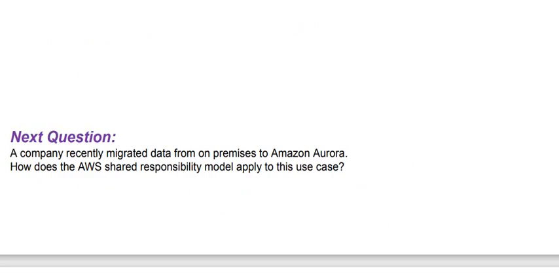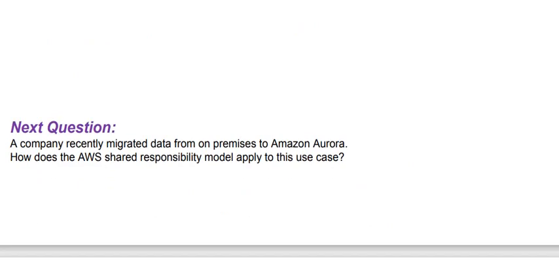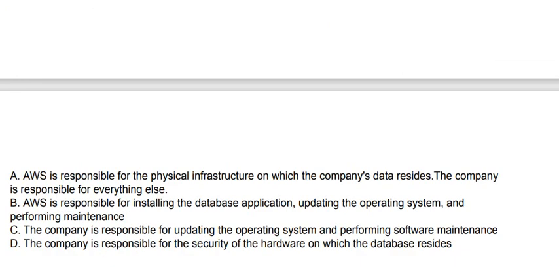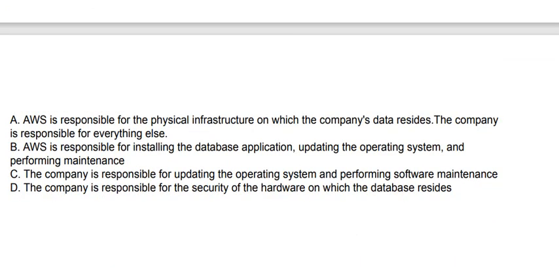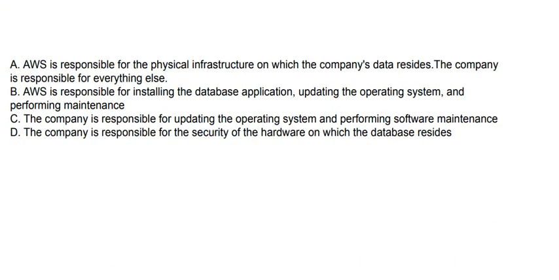Next question is, a company recently migrated data from on-premises to Amazon Aurora. How does the AWS shared responsibility model apply to this use case? Option A, AWS is responsible for the physical infrastructure on which the company's data resides. The company is responsible for everything else.